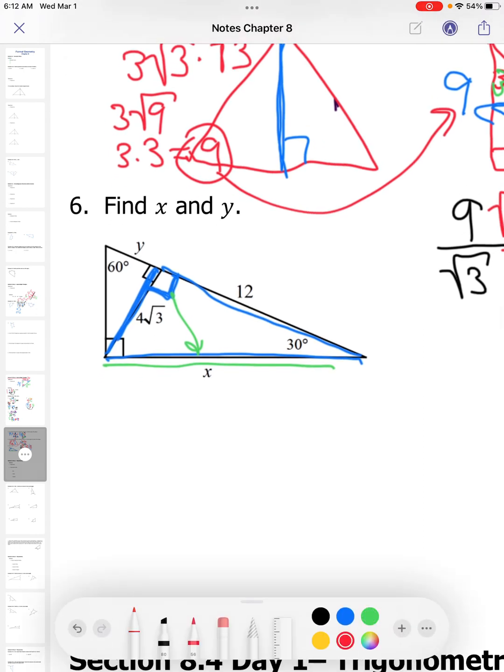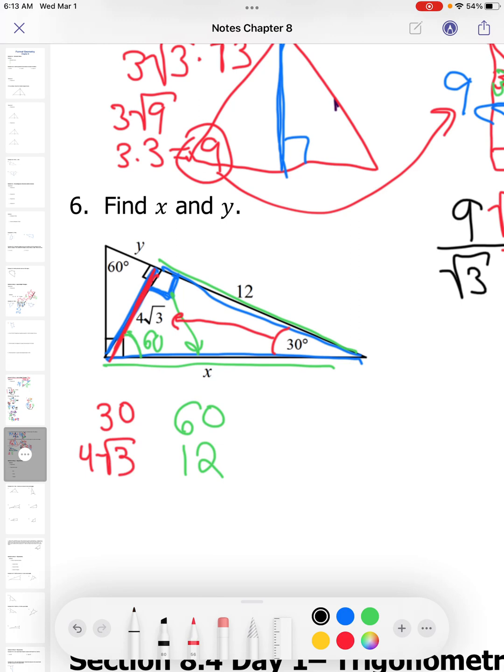So I have my x, and my 30 degrees is right over here, 4 root 3. So what does that mean? That means that this little nugget should be 60, and that goes right here. Okay, so it looks like I have the 60 degrees is 12, and it looks like my 30 degrees is 4 root 3.